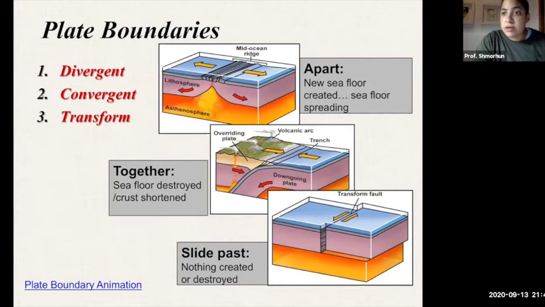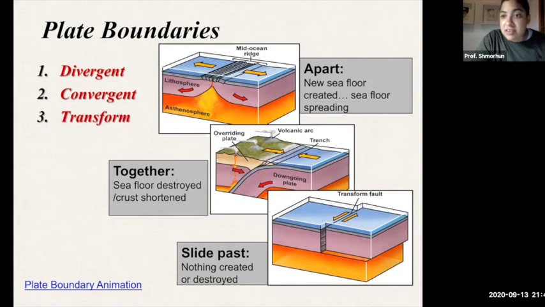With mid-oceanic ridges and divergent boundaries, that is when 2 oceanic plates are being pulled apart. We also have continental rifting, which is also a type of divergence, and that is when 2 continental plates are being ripped apart. Then we also have convergence, and we have several different types of convergence.